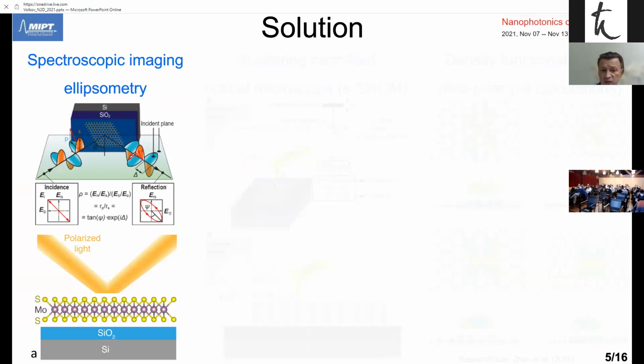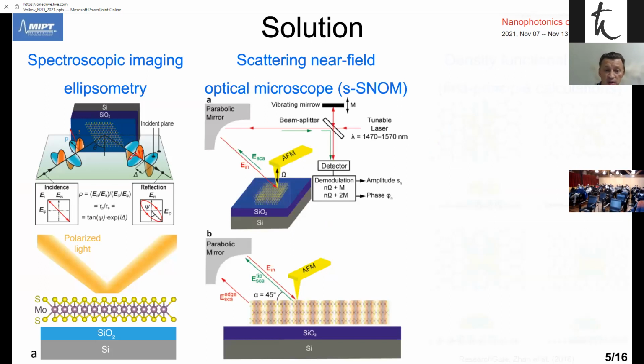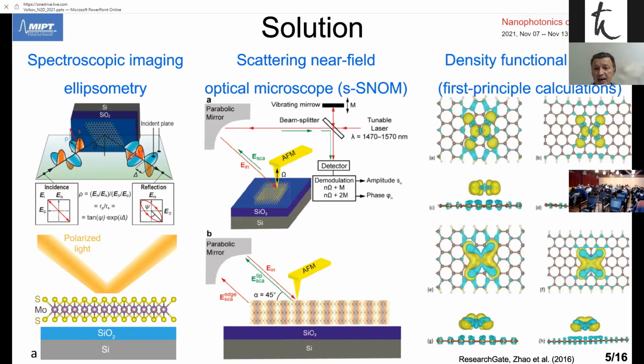Additionally, of course, we also measured our flakes with scattering near-field optical microscopy, which is, unlike the far-field techniques, very highly sensitive to the out-of-plane dielectric permittivity. And then of course, both these approaches are verified with first principle calculations to be sure that we are on the safe side.